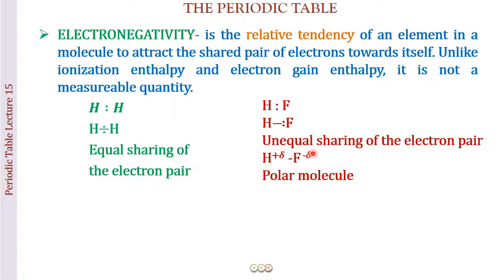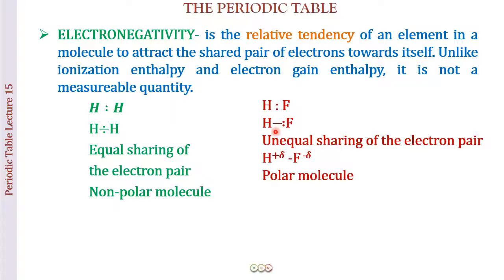So partial negative charge on fluorine and partial positive charge on hydrogen leads to the formation of HF being a polar molecule. And now you can understand that where there is equal sharing of the electron pair, this will be a non-polar molecule.